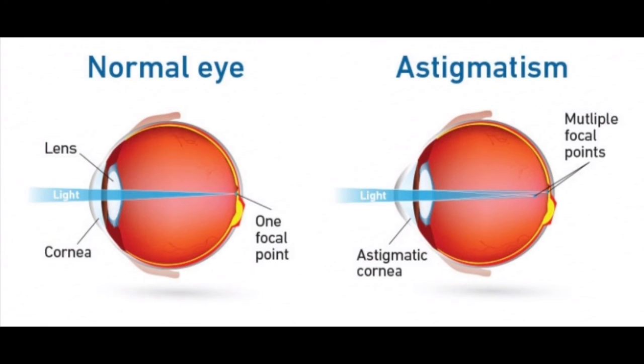Astigmatism is a common vision condition that causes blurred vision. It occurs when the cornea is irregularly shaped. The normal shape of a cornea is spherical, but here that spherical shape changes, or sometimes it is because of the curvature of the lens inside the eye. An irregularly shaped cornea or lens prevents light from focusing properly on the retina.